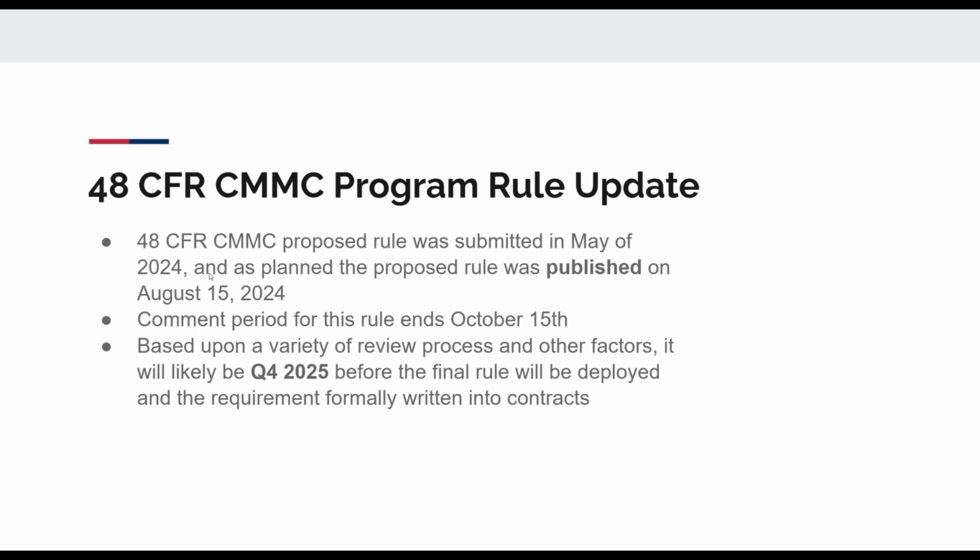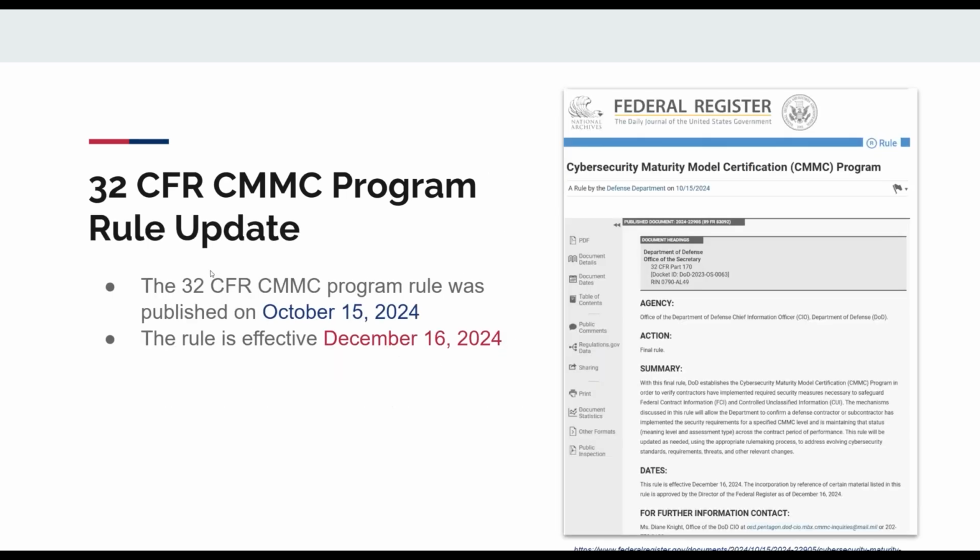So I'm sure you've been hearing a lot about that. There's a lot on the airwaves about all this, but it's pretty straightforward. It's pretty simple. 32 is the program live and recognized. 48 can start to show up in your contracts from the DoD.